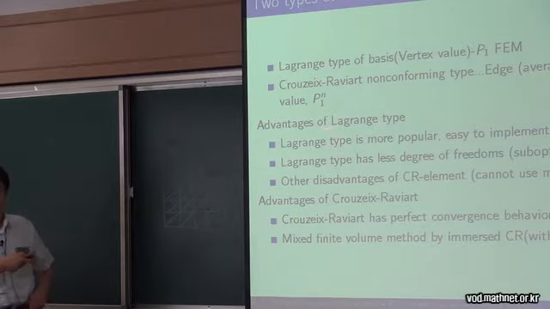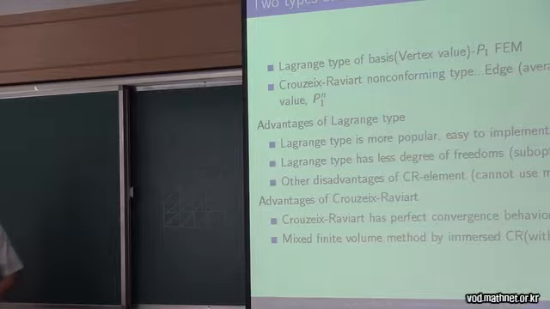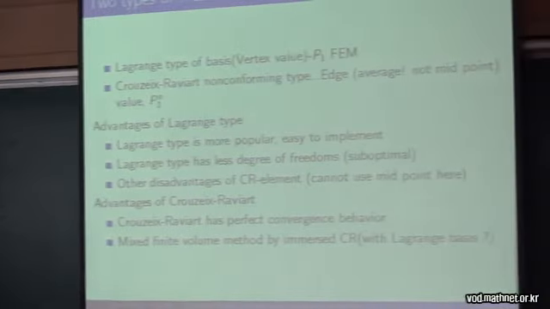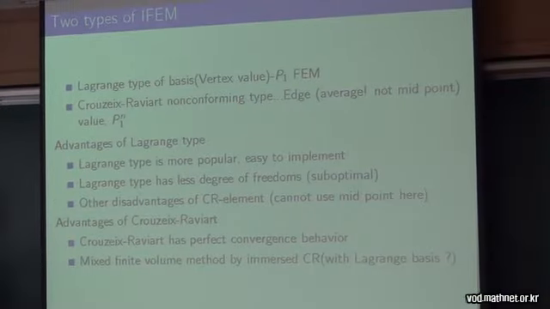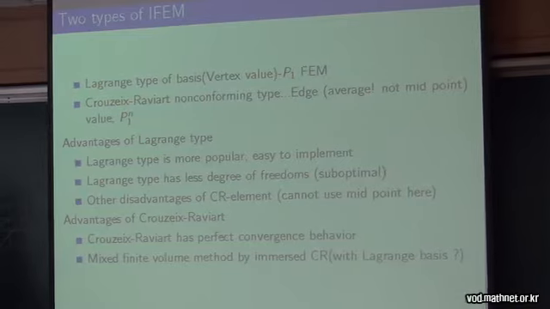It's more complicated, right? But we need it to solve the Stokes equation, or maybe to solve an elliptic equation in mixed form. This Crouzeix-Raviart type is necessary, so it is also a very useful element. But the disadvantage, of course, is that it has more degrees of freedom.